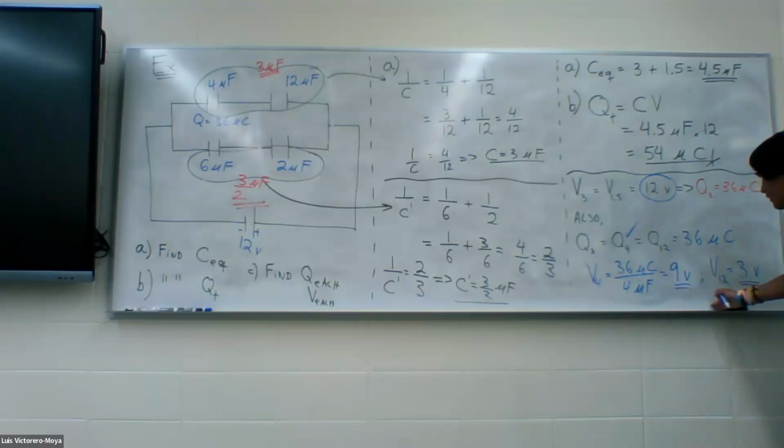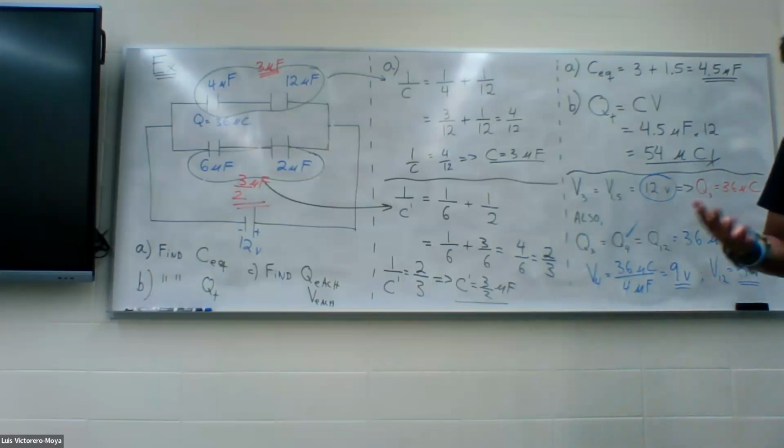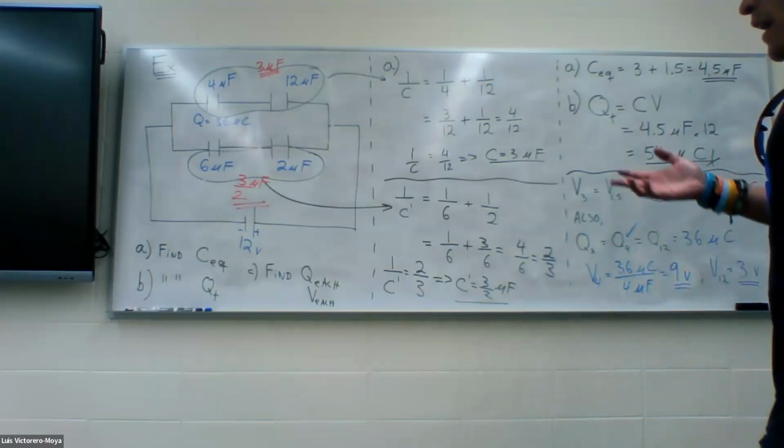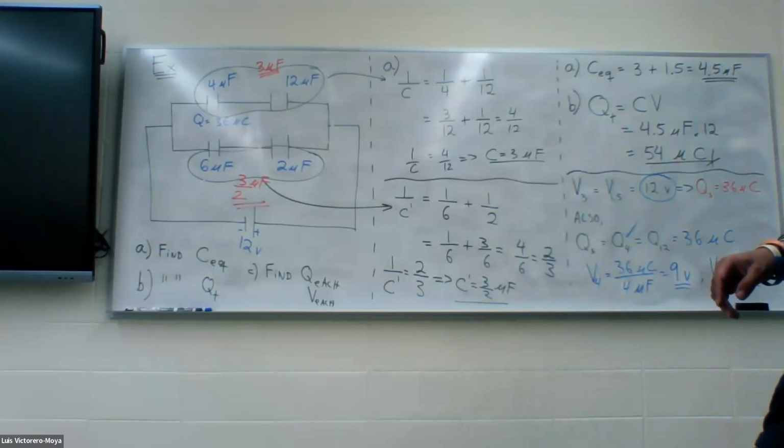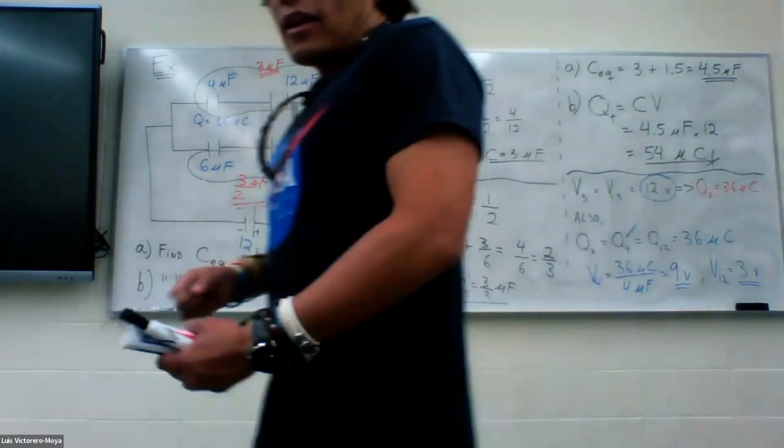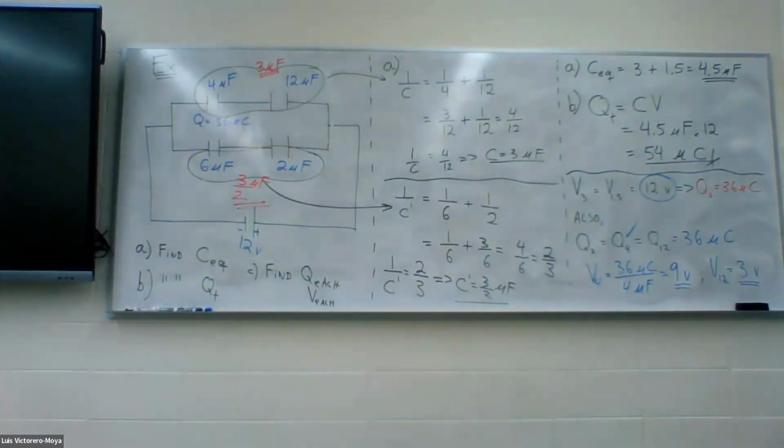And there you are. I split the charge and I split the voltage. Sort of at the same time, you have to use both to kind of make sense of that question, right? Are there any questions? I'm gonna do 6 and 2 now, but I wanna make sure that that's clear.